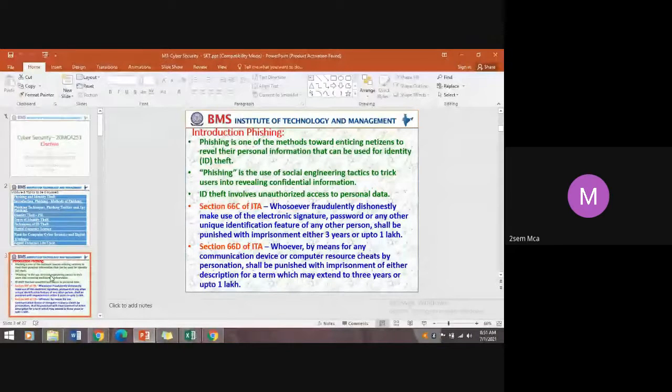There is imprisonment of up to 3 years, or a fine of up to 1 lakh, sometimes both, depending on the severity of the attack.